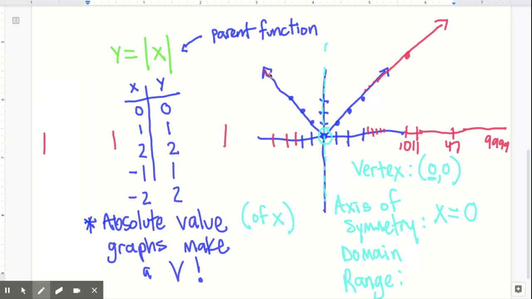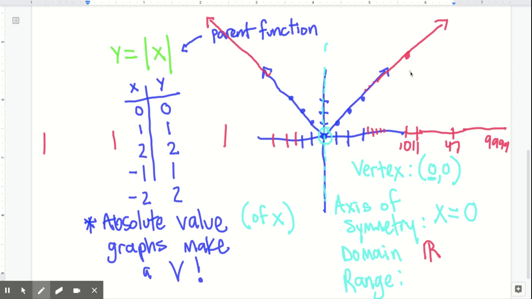All of those x's are going to get used on my picture. Every single x will eventually get hit on the tick marks right here. And if it's every single x, we call that all real numbers. All real numbers is the domain of this graph because every x will eventually get hit to the left and to the right.